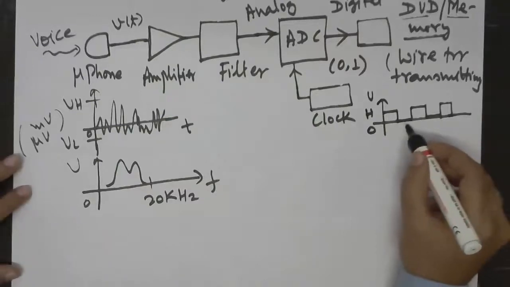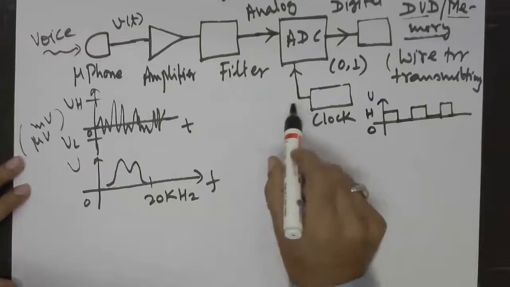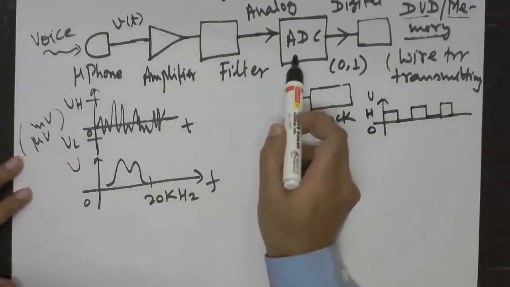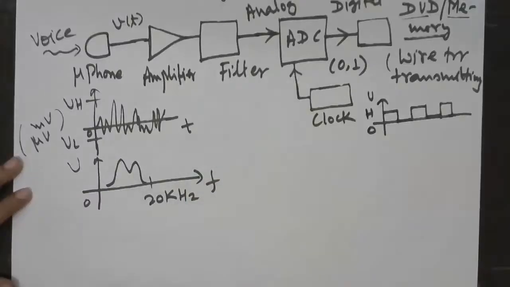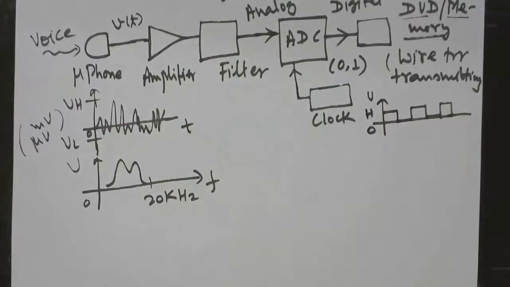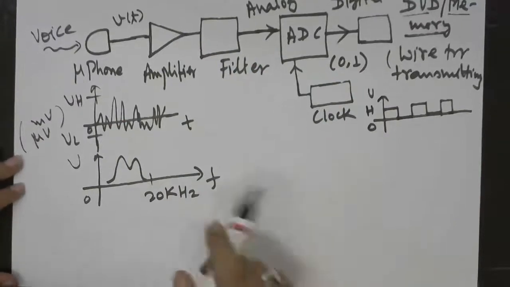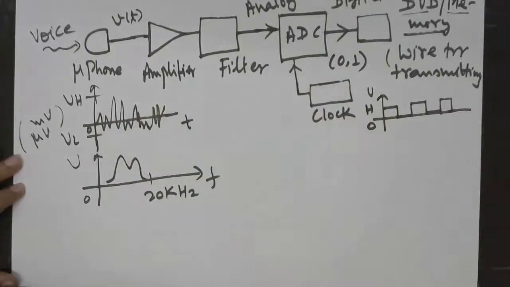So it will be always a square waveform with certain frequency, and this is called clock. So clock will drive, or ADC takes clock as one of the input signals in addition to the signal which it processes. So this is the story on the input side, that on my side.